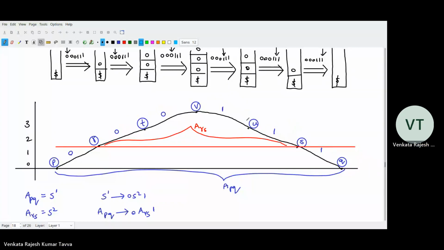Any doubts? This is basically the height of the stack. And this is actually the input string.